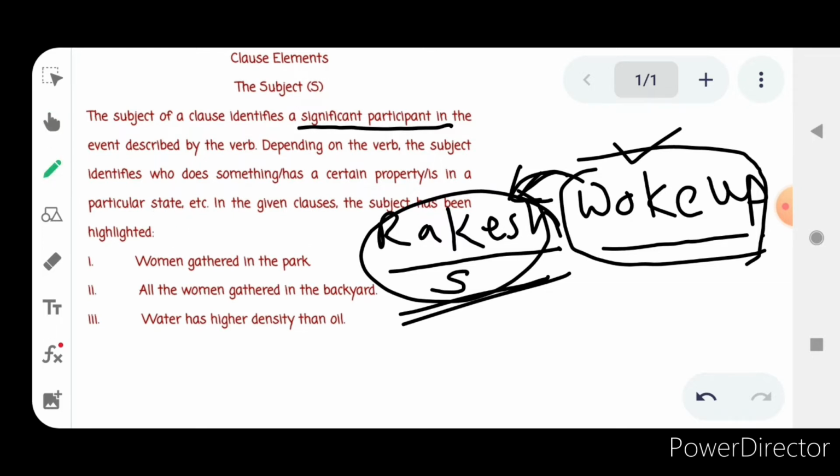That means this action is done by Rakesh. And in this context, there is a very fixed relation between this subject and the verb. There is a fixed relation between the subject and the verb. The action of waking up is done by Rakesh.